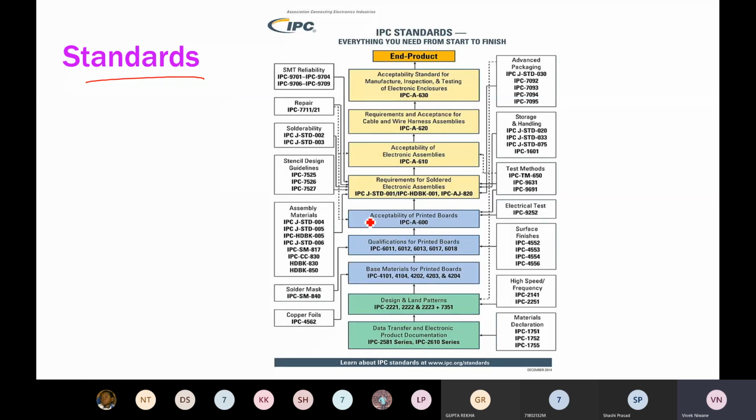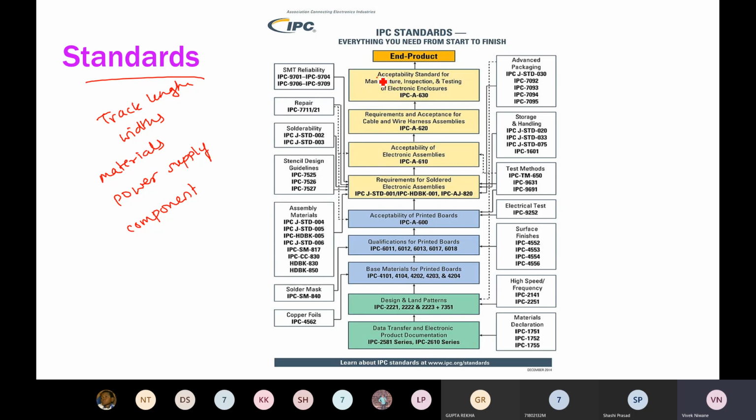You need not memorize the numbers, definitely not, but you can summarize: we have standards for calculation of track lengths and widths, standards for various materials, which materials we can use, standards for power supply design, and standards for components specific to a particular temperature range and operating conditions. So we have lots of standards which are listed over here.